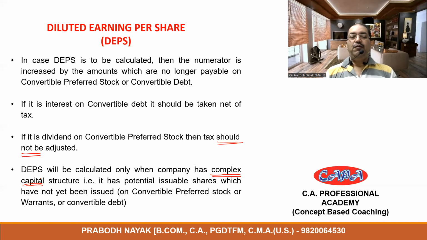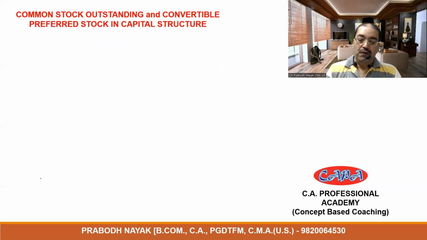Right. So now let us do one question on diluted earning per share. Now, the question is, why do we call it diluted earning per share? Because the basic earning per share will be reduced. It gets diluted, it gets reduced. If you are eating plain sugar, it is very sweet. You dissolve it in water, it gets diluted.